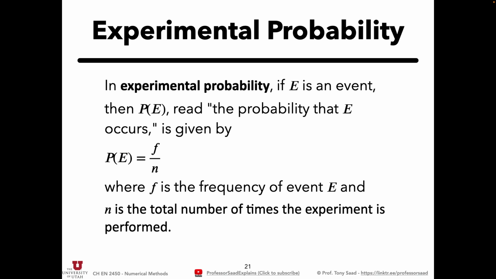It could be P of heads, heads, or P of obtaining heads and heads, or P of the likelihood of failing the exam, right? It could be a word, it could be a sentence. But P of that event is equal to your frequency, how often you observe that event, over the total number of times you ran your experiment, okay?